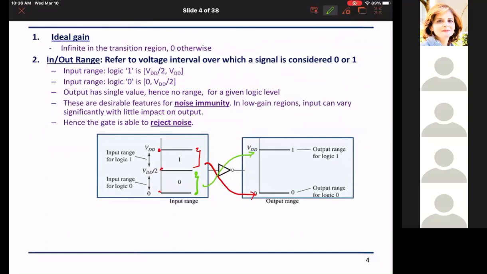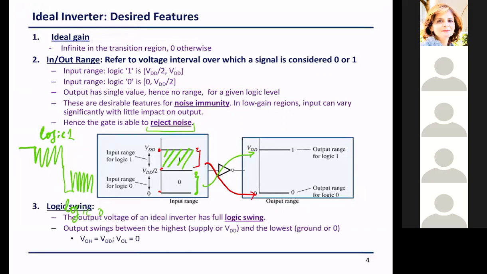We are taking a wide range of possibly noisy input, a signal fluctuating like this, and I'm going to map this as logic 1, and it will give me output 0, and this will be my logic 0. However noisy it is, I have the ability to reject the noise. So the noise margins here are very high.